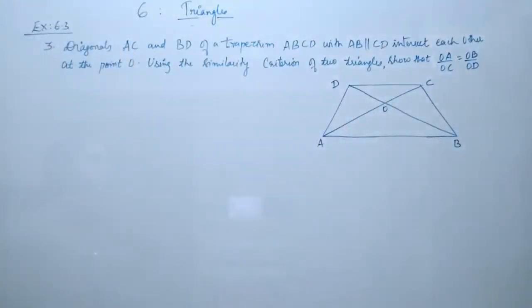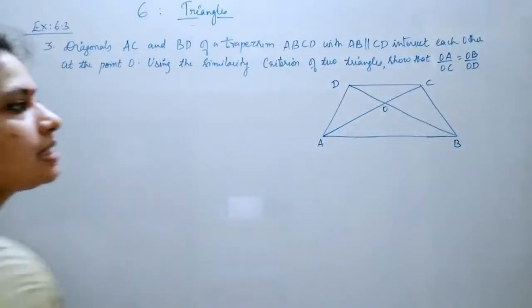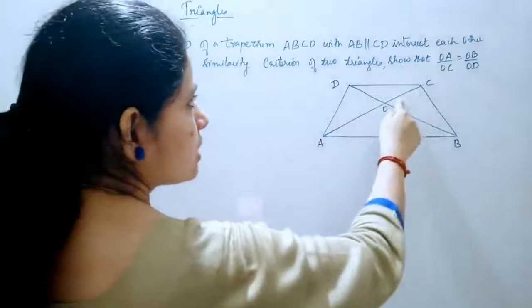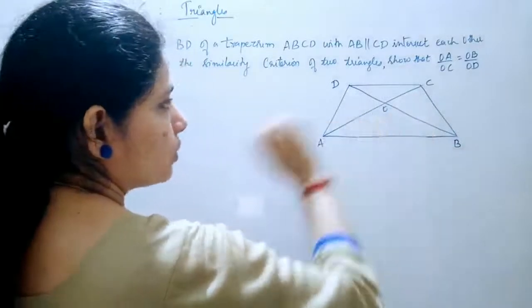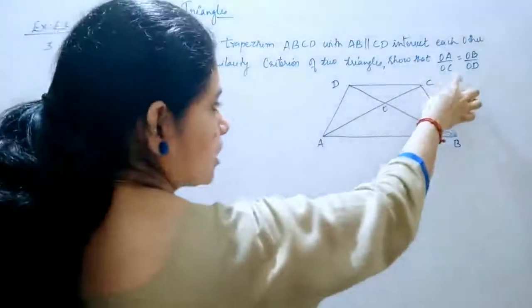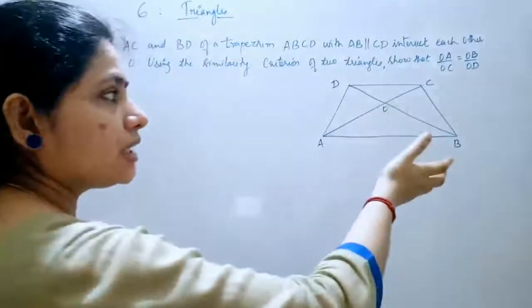Now you have to use a certain similarity criterion which will help us to show that OA by OC is equal to OB by OD. When you have this fraction, we get an idea which triangles we need to consider.